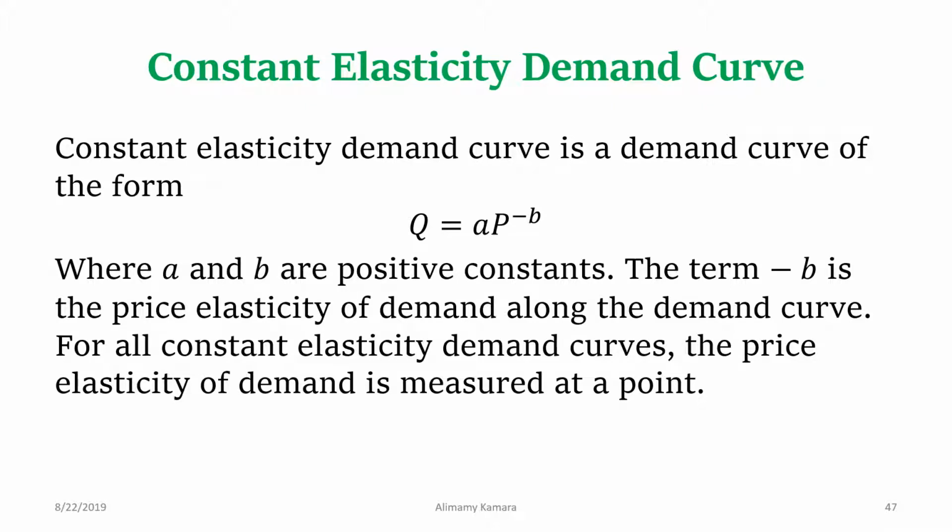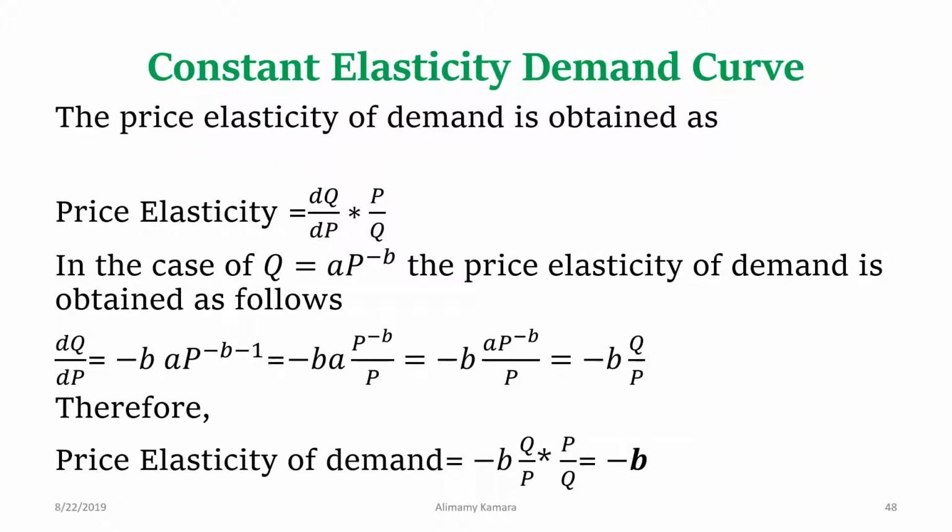Remember, for all constant elasticity demand curves, the price elasticity of demand is always the exponent of the price. It is so easy. Just take that exponent as the elasticity. For all constant elasticity demand curves, the price elasticity of demand is measured at a particular point.